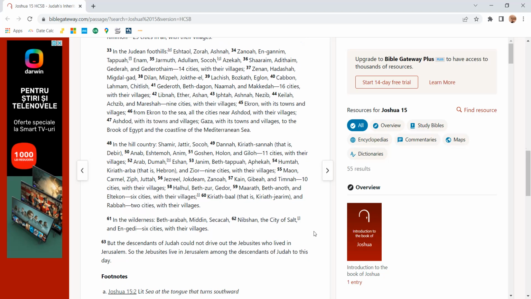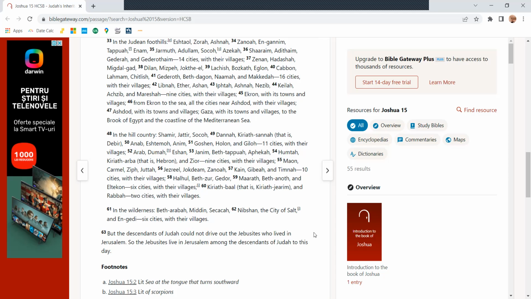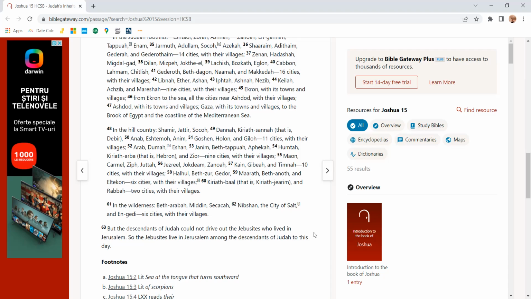In the Judean foothills: Eshtaol, Zorah, Ashnah, Zanoah, En Gannim, Tappuah, Enam, Jarmuth, Adullam, Socoh, Azekah, Shaaraim, Adithaim, Gederah, and Gederothaim: fourteen cities with their villages.